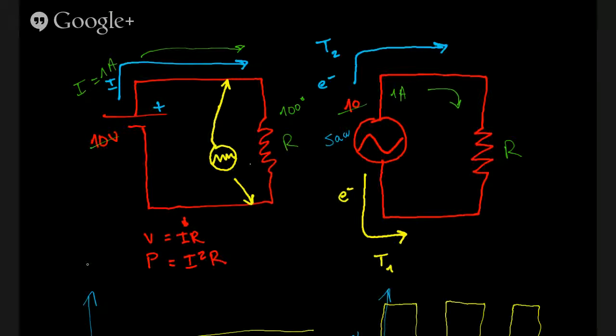Given both of these circuits, both the same load, both the same amount of current, and therefore power, because power is dependent on current and resistance. In an AC circuit, we wouldn't end up with quite 100 degrees of heat. We'd actually end up with something around 70.7.